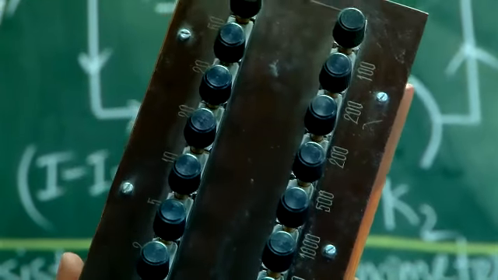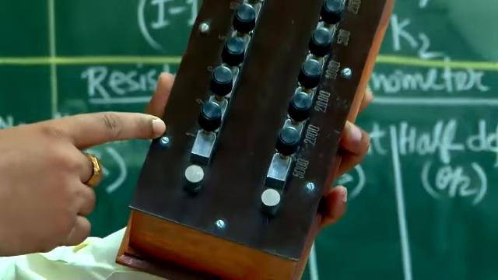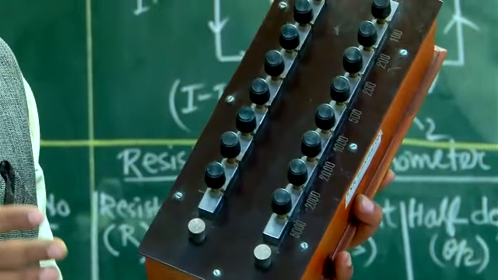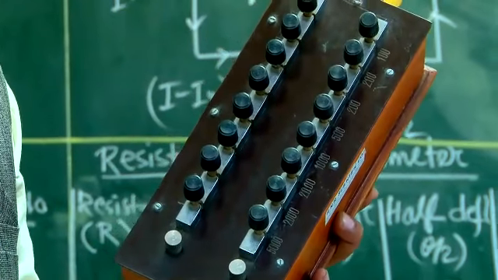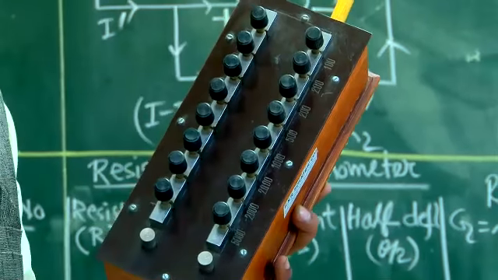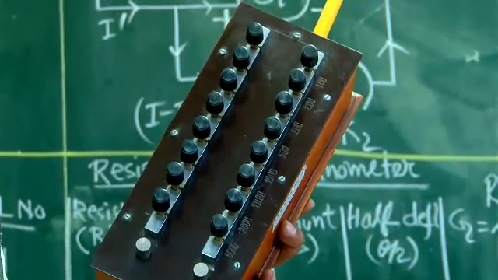The values are in the ratio 1 is to 2 is to 2 is to 5. That means you will have 1 ohm, 2 ohm, 2 ohm, 5 ohm, then 10, 20, 20, 50, then 100, 200, 200, 500. In this way you get all the values, because this ratio has a certain uniqueness.